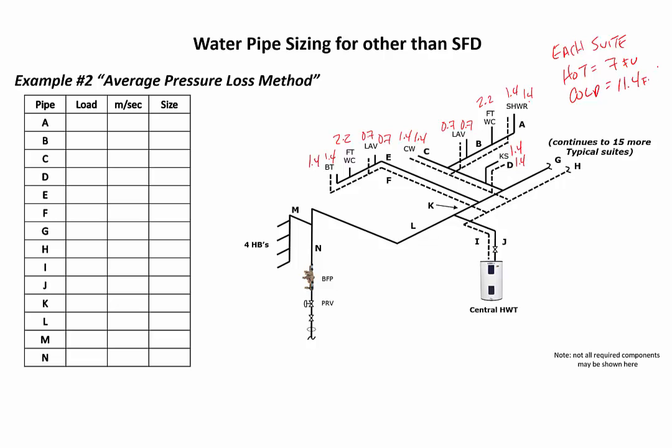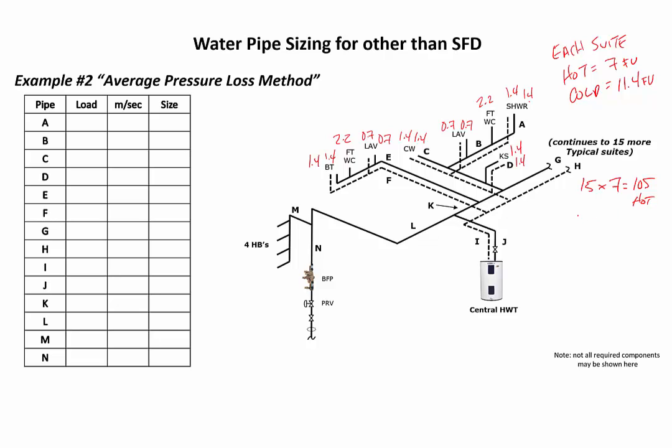So we use that as we calculate these remaining suites. So if these 2 distribution lines, these 2 distribution mains head to those other 15 suites, the hot would be 15 suites times 7 per suite, 105.